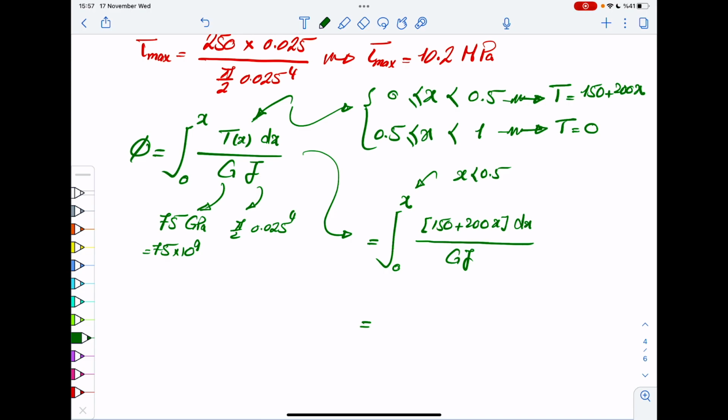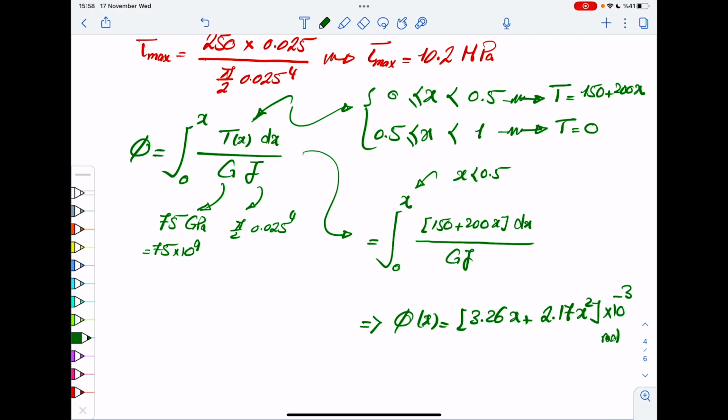And if you do that, you will get an equation for your phi, which would be obviously quadratic, as I just mentioned, and it would look like 3.26 times x plus 2.17 x squared, times 10 to the power minus 3 radian.